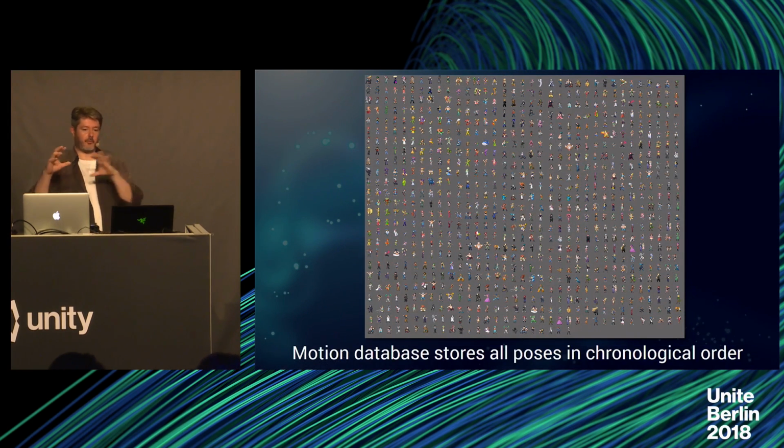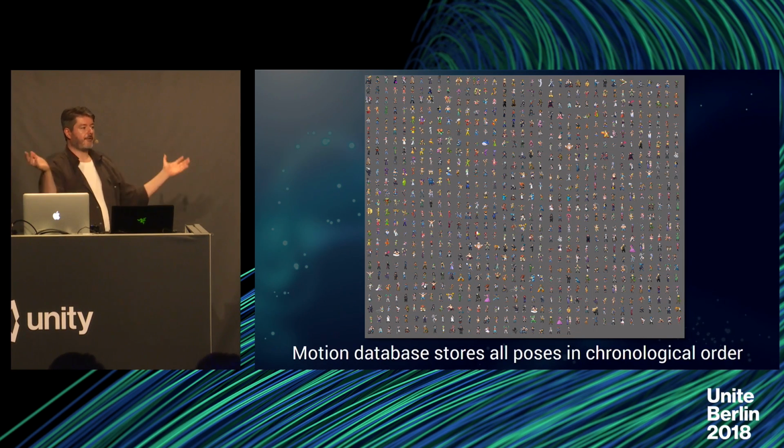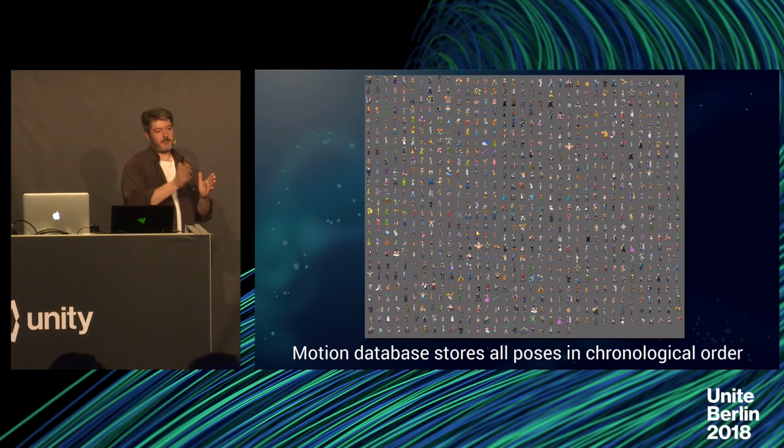Kinematica takes all the animations that you put inside and stores them in one giant library, and all the poses are kept in chronological order. So on that previous image with the skeleton and the line on the ground, I can just walk across this big giant matrix.